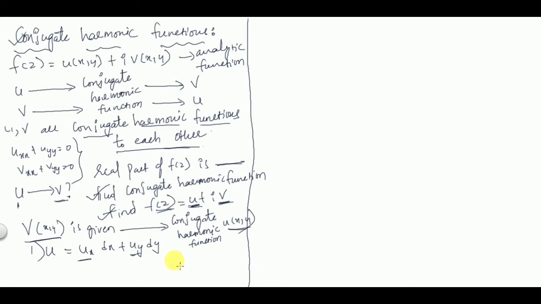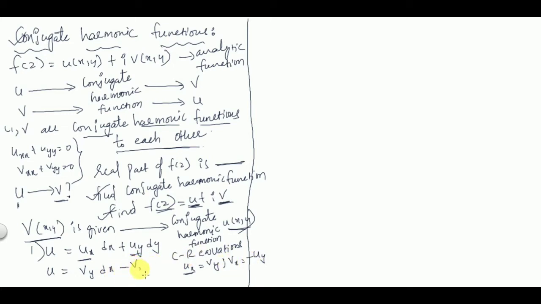So we are going to make use of the Cauchy-Riemann equations. From the Cauchy-Riemann equations, what is ux? ux is equal to vy and vx is equal to minus uy. So substituting that, in the place of ux you can write vy, so this is vy dx.